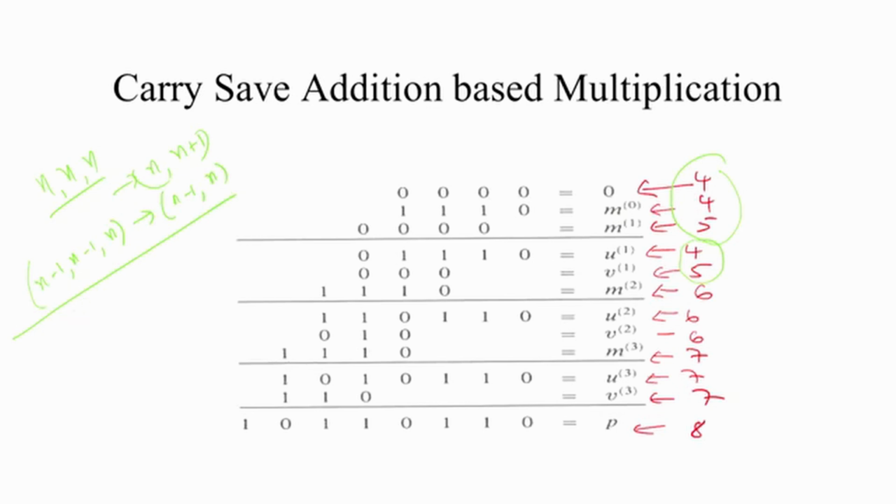Now I get a 4 bit number, a 5 bit number and a 6 bit number. This is going to give me 2 6 bit numbers. So if I have n minus 1, n and n plus 1, I get n plus 1 comma n plus 1.